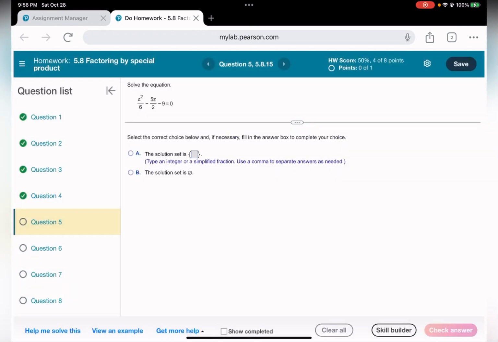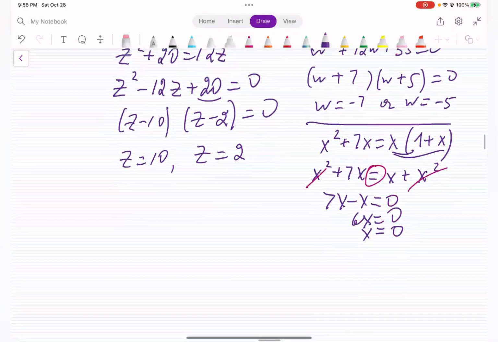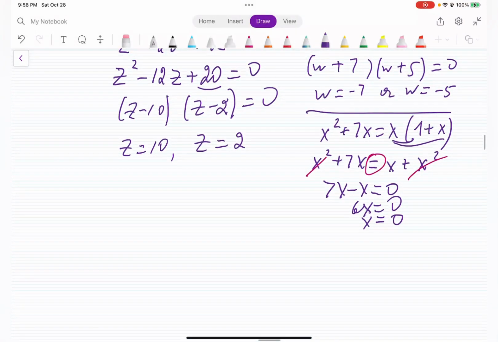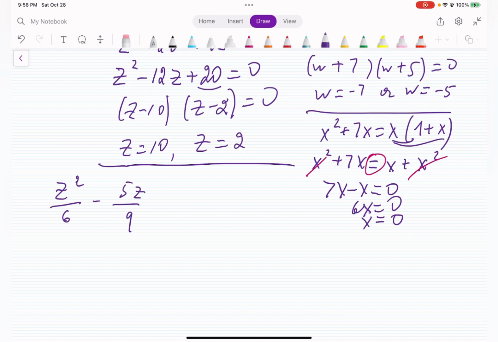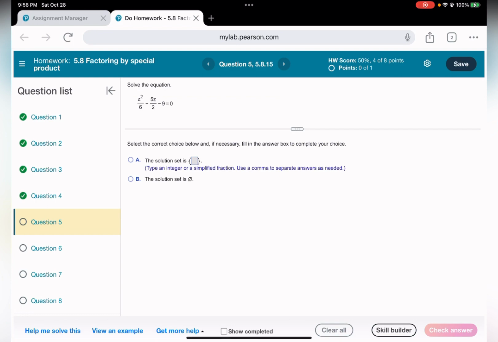Next question. Z squared over 6 minus 5z over 2 minus 9 equals 0. What's it over? 5z over 2 minus 9.